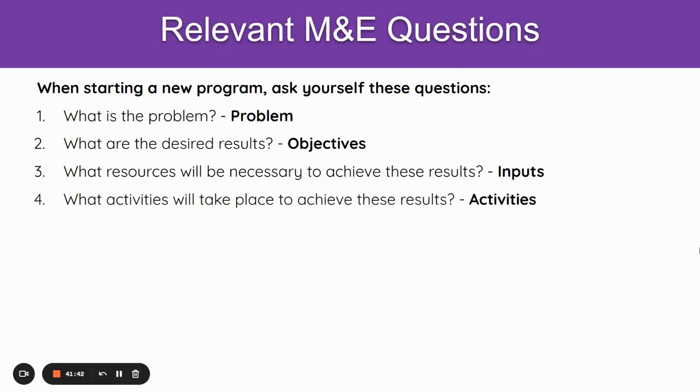Number four, we need to ask ourselves about the activities that we need to carry out based on the problem we see. For example, coming back to our hand pump project, we said we want to increase access to safe drinking water by constructing hand pumps. So one of our activities will be what? We'll carry out an assessment first to understand the problem and the situation, and we've already done that. And then we'll construct hand pumps, right?